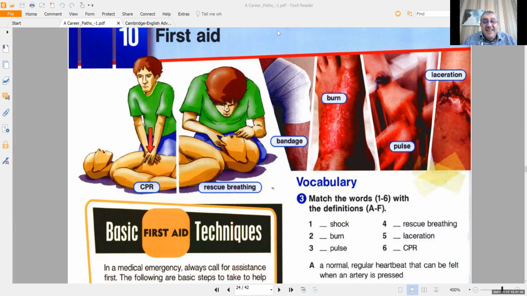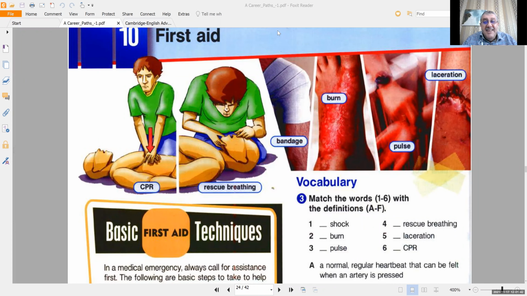Okay. Now we move further. The next exercise. Now we are going to listen to a conversation between a doctor and a patient, and you have to choose the correct answers.